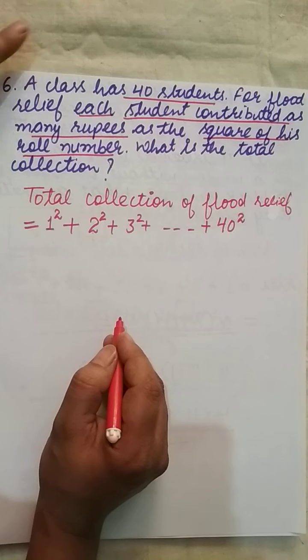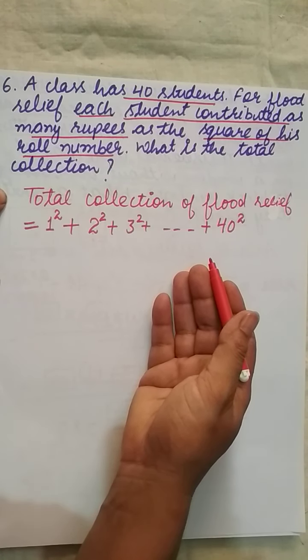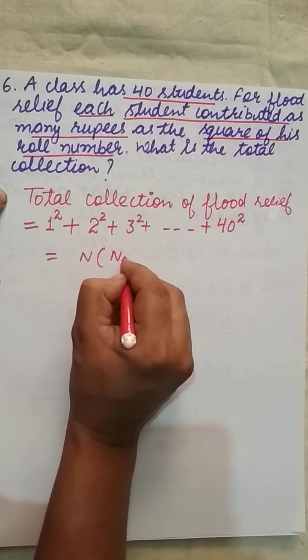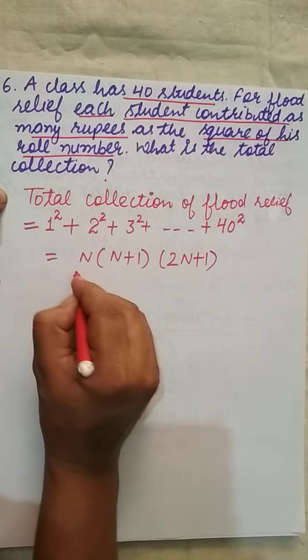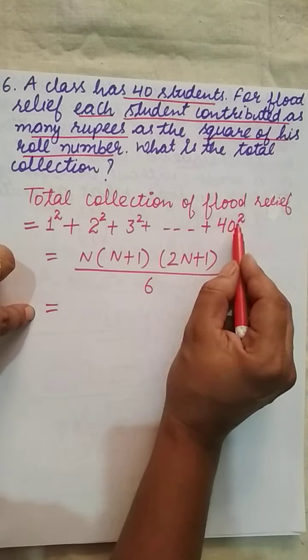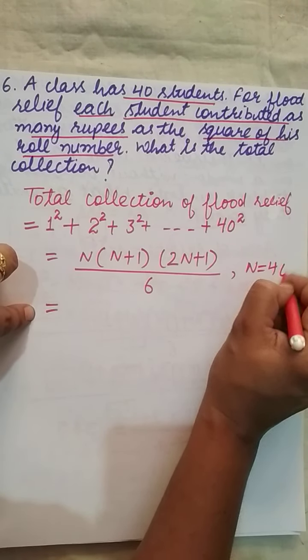So again we will use the same formula to calculate the total collection, that is equal to n into n plus 1 into 2n plus 1 divided by 6. As you can see from the sequence, the value of n is equal to 40.